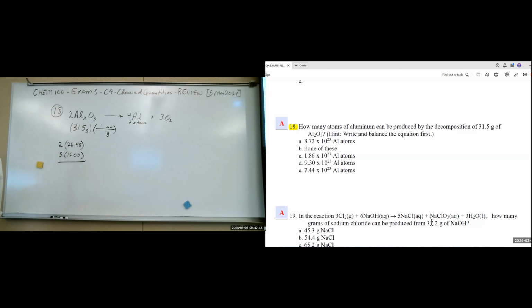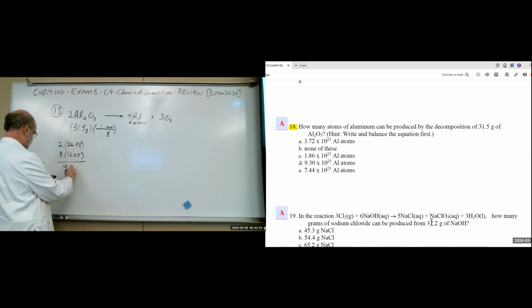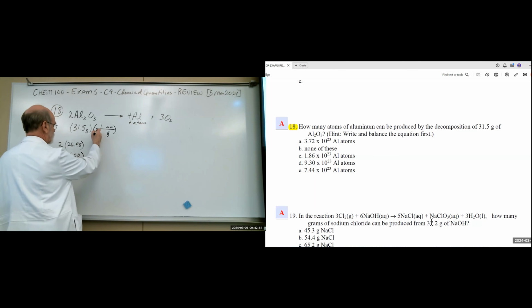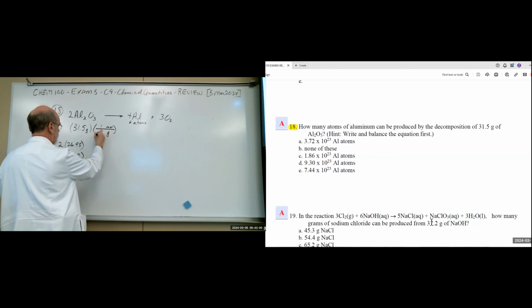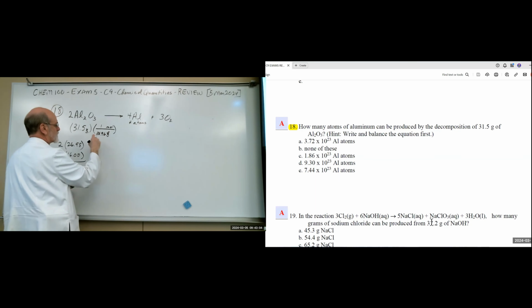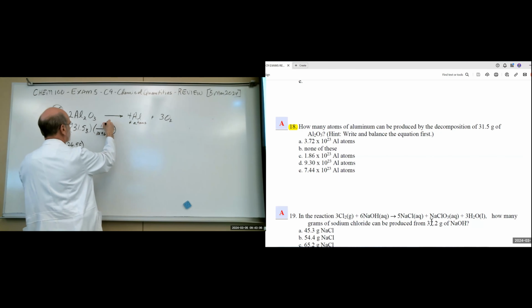Add those together. 26.98 and 48 for oxygen. That's 101.96 grams per mole. So down here we have 101.96. That gives us moles of aluminum oxide.